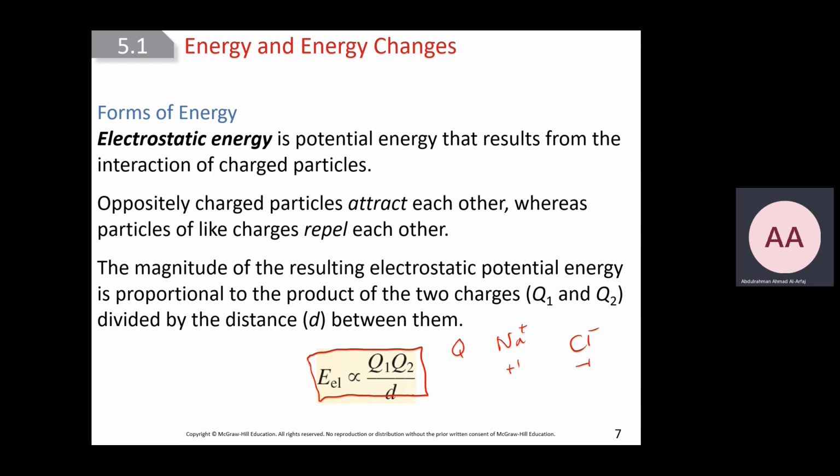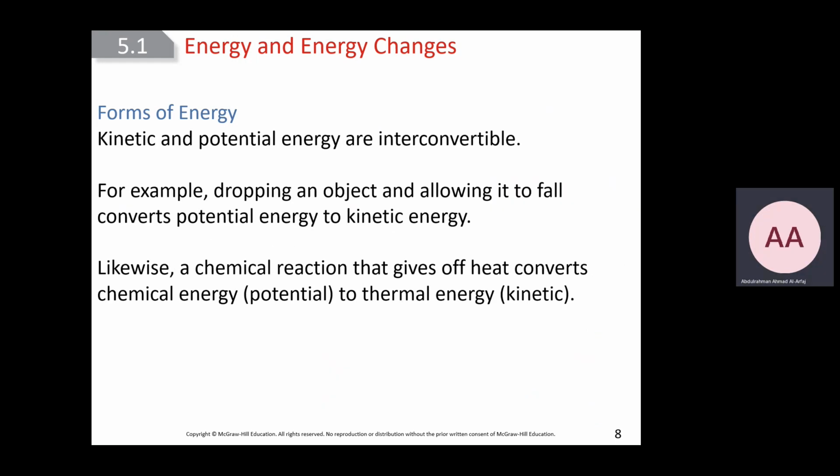For example, Ca2 plus will be +2, and for N3 minus, it will be -3. And D is the distance between the two atoms. Usually this is for ionic compounds, and D is the distance between the cation and the anion. Good.